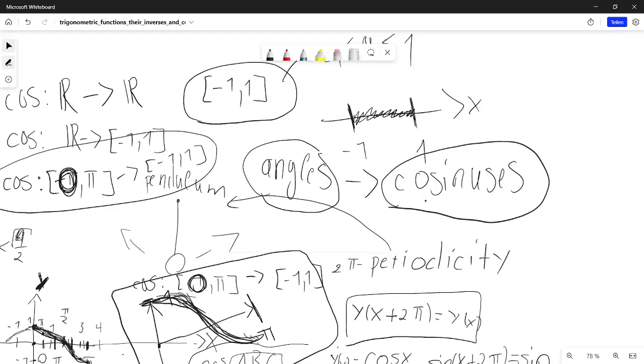Keep your mind on that. All angles in the restricted domain, all cosinuses, and this is really all possible cosinuses, right?